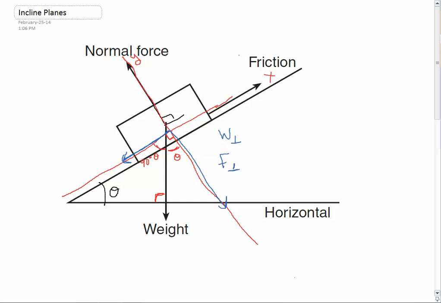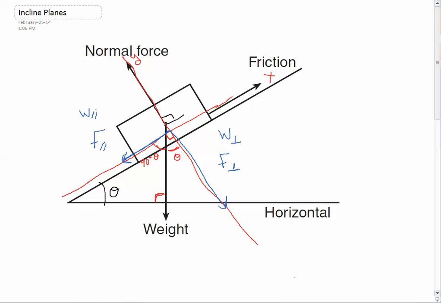If the object is stationary, we know that the friction and that force pulling it down the plane have to be, again, equal and opposite, because the object is stationary and so they're balancing each other out. We call this the force parallel, or the weight parallel. It's the component of the weight that is acting parallel to the plane.